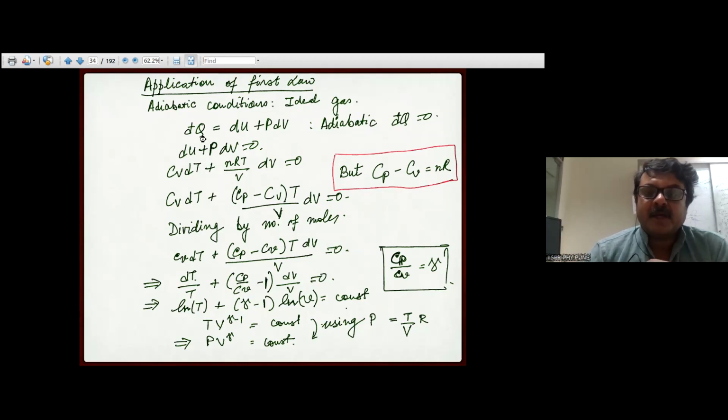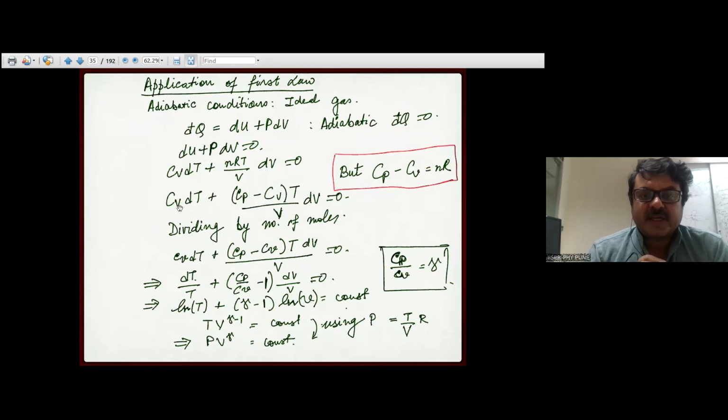here pressure was also changing. Here we have adiabatic, pressure is changing, but heat is not changing. If it's adiabatic, no heat is being added. So you have this relation dU plus PdV equal to 0. And then you use the ideal gas equation, substituting P equal to nRT by V. Now, you know that Cp minus Cv equals nR, right?